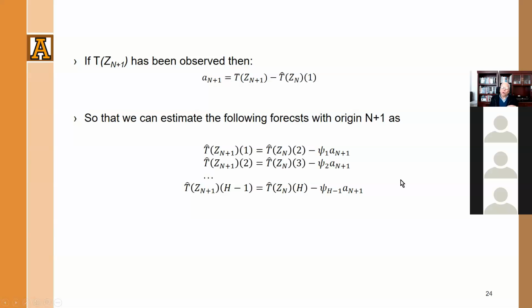So I update all forecasts based on today's error, because I already know today's error once I have today's observation. All the way up to the forecast that I make now at N+1, H periods ahead, it will be H minus 1 periods ahead.